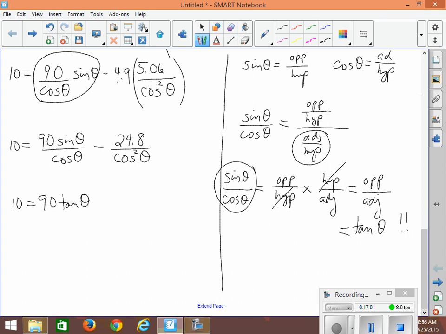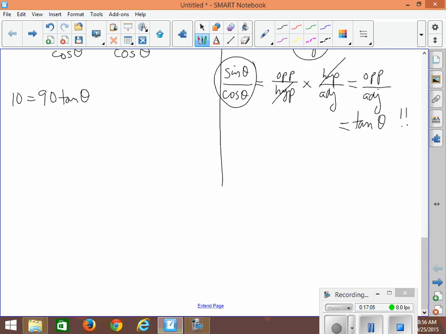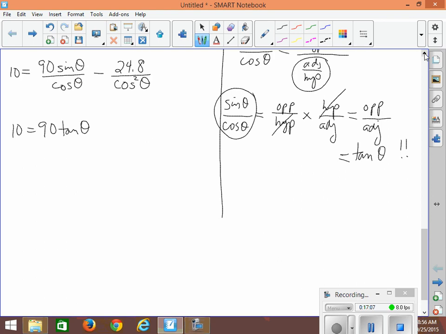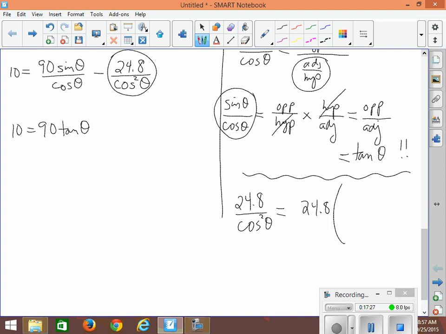All right. Now, the other thing we can do is look at this other term that we have right over here and look at what happens with cos squared theta. Well, if I just keep my little aside here, 24.8 over cos squared theta is the same as writing 24.8 times the reciprocal of cos squared theta.